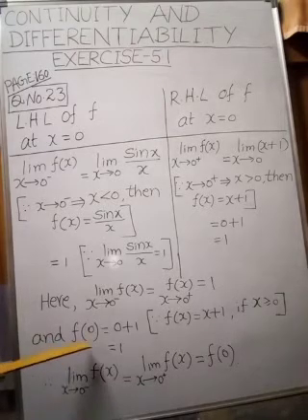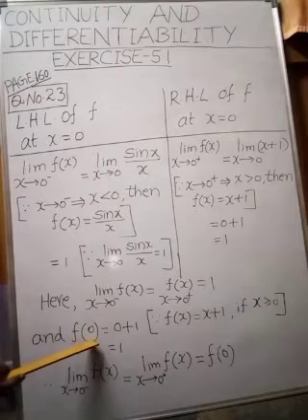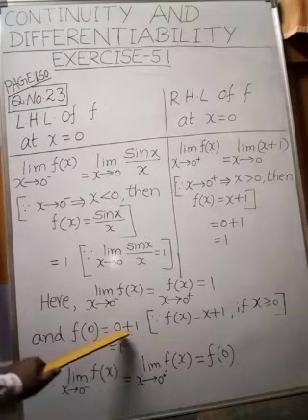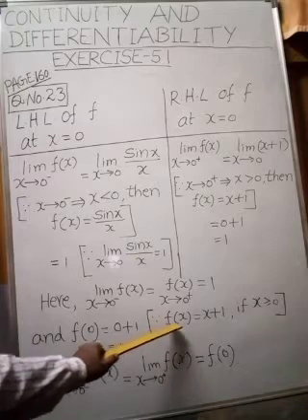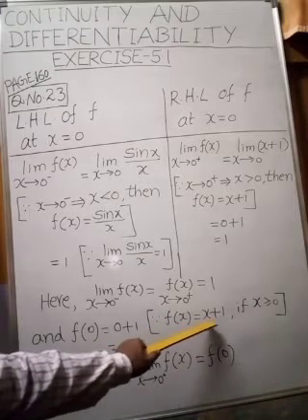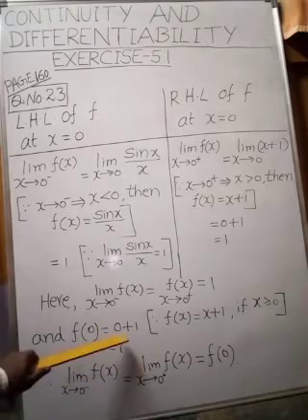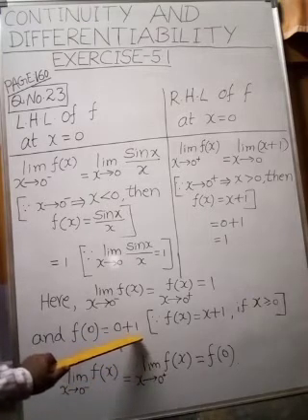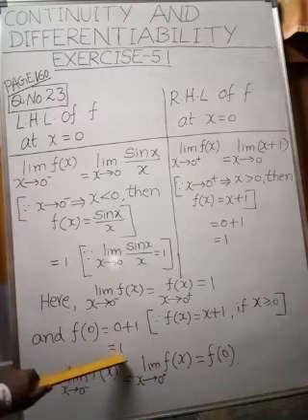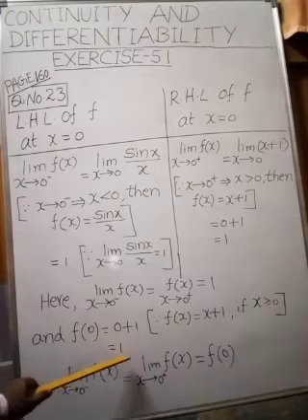And also we find the function value at 0. F of 0 is equal to 0 plus 1, because f of x is defined as x plus 1 if x is greater than or equal to 0. So we are finding the function value at x is equal to 0. What will you get here? 1. Understood this step, my dear children? Right.